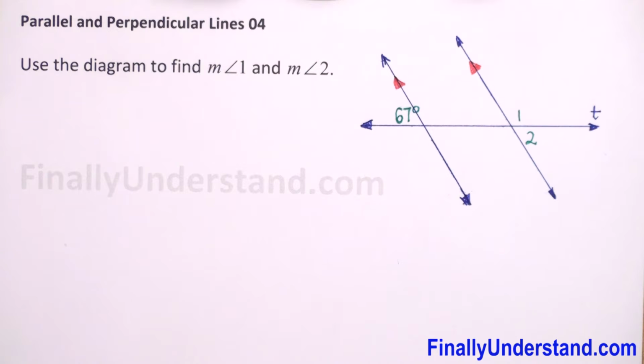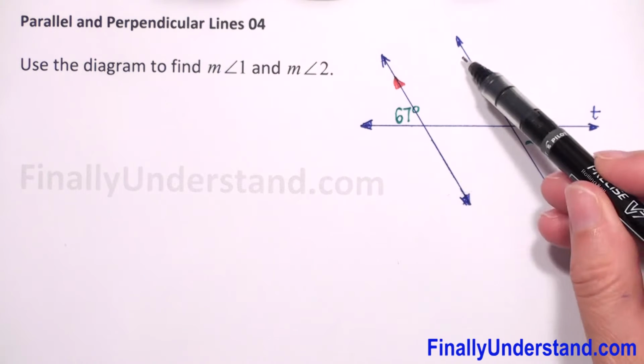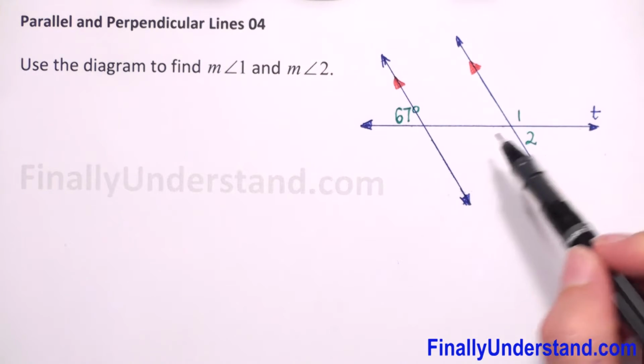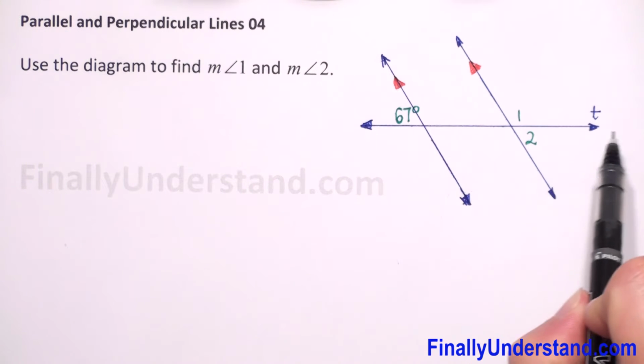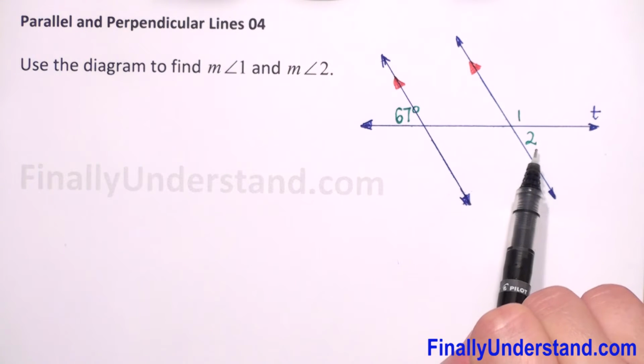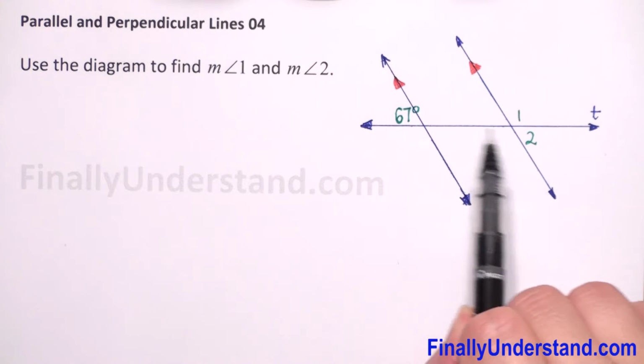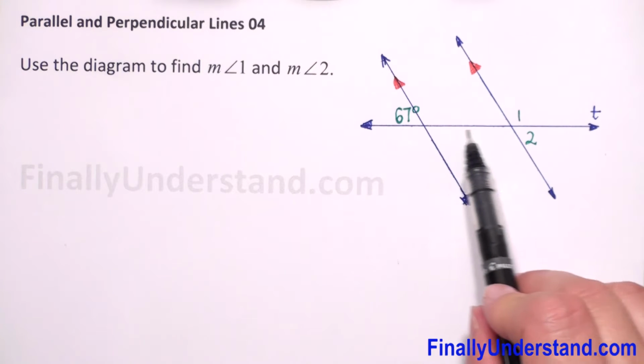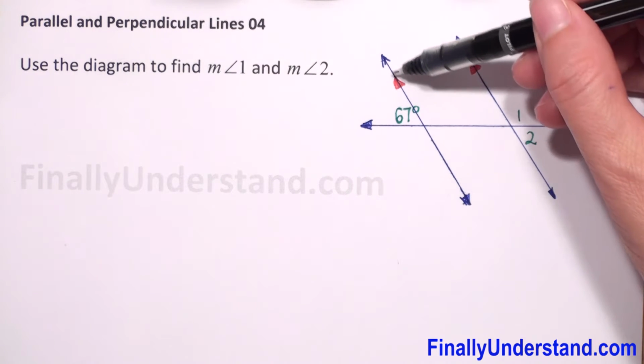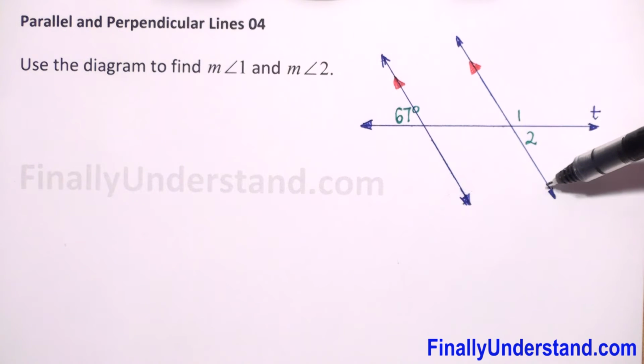Alternate exterior angles are angles which are outside of two lines cut by a transversal and on opposite sides of the transversal. So this is our transversal, and these are our two lines.